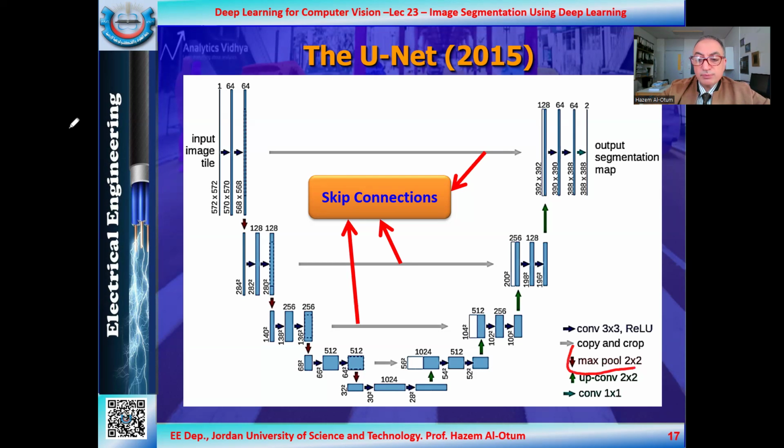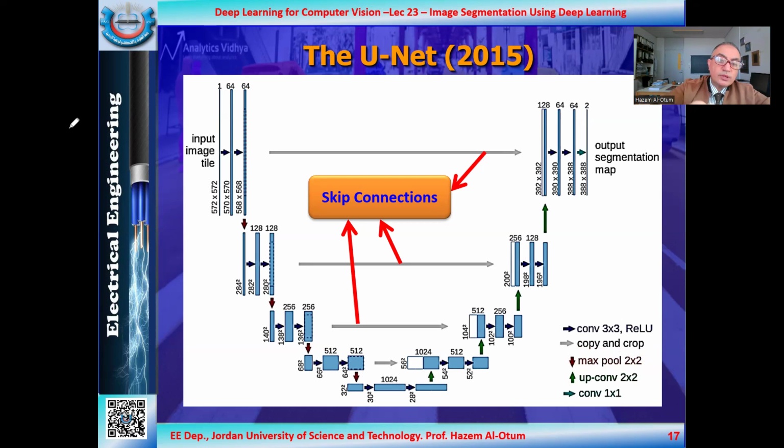Here we have max pooling by a factor of 2. As you see here, the number of channels was doubled to 128 and the image size reduced. We have a size of, for example, 285, and after reduction we got 140 because we used max pooling with a size of 2 by 2.